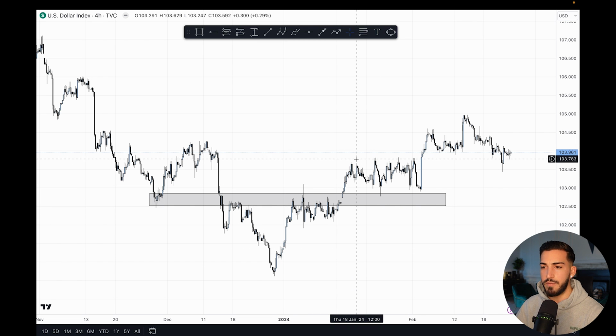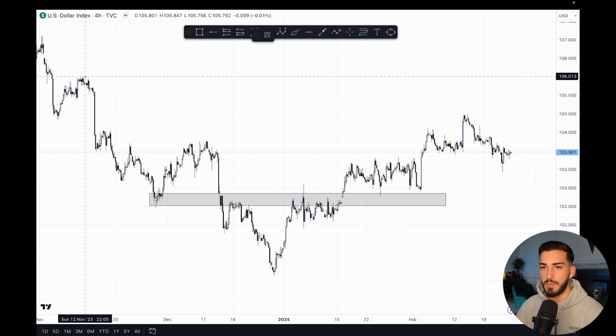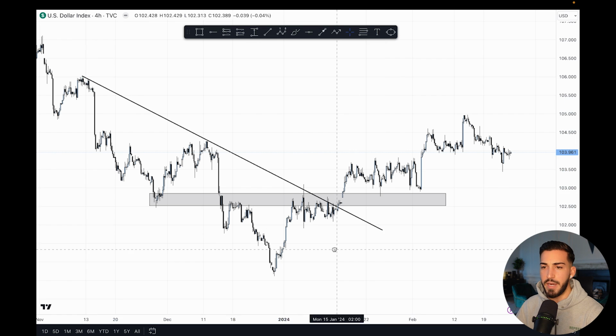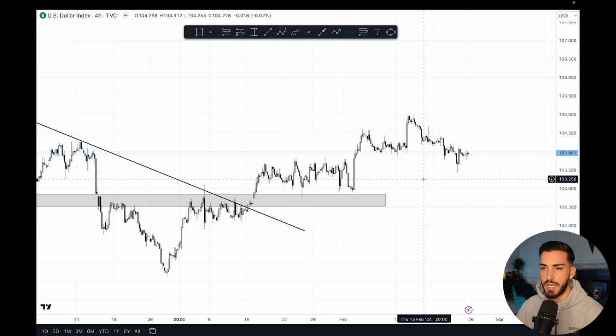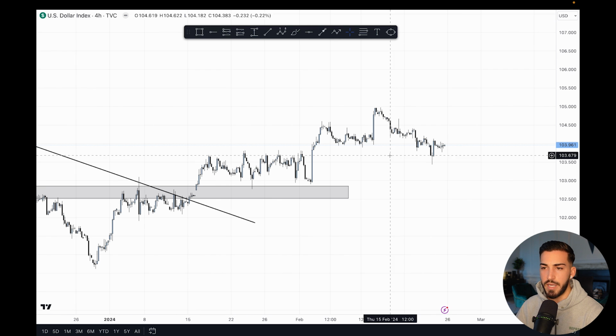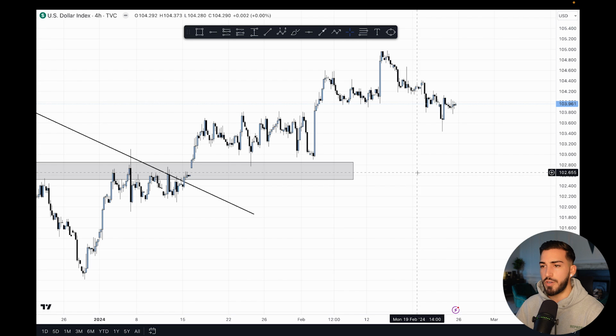Price broke through this level of resistance. That was our confirmation that there was a switch in market sentiment on the dollar, and then price continued moving to the upside using this level again as support, breaking through and using it as a support continuously. So price is clearly in bullish market structure, right?